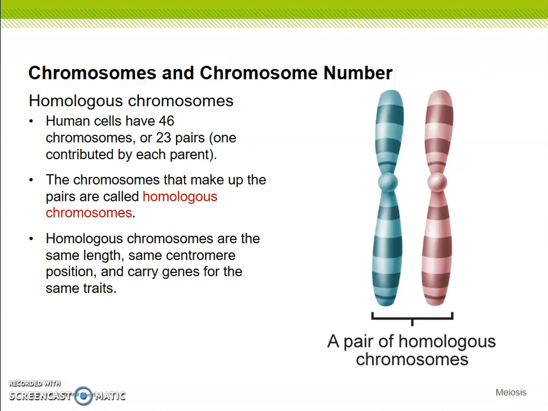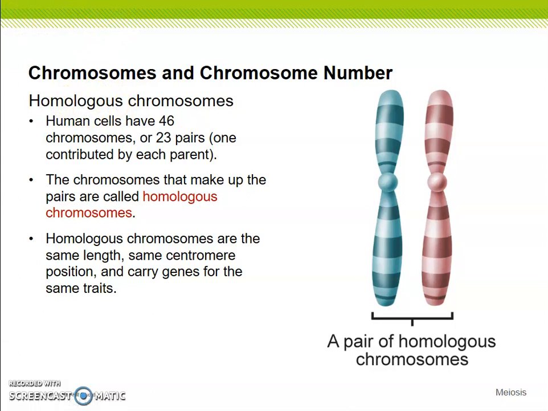Now, here's a term that's going to look kind of weird to you guys. It's pronounced homologous chromosomes. Homo meaning same, logos from the, I believe it's Greek, meaning location. So this means that there are chromosomes that have the same location for genes.